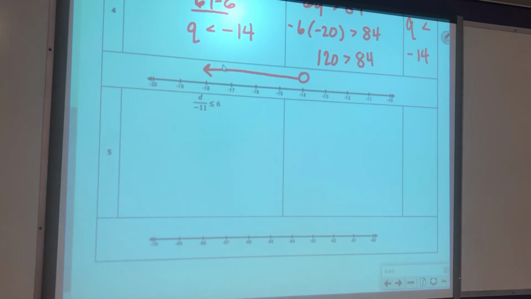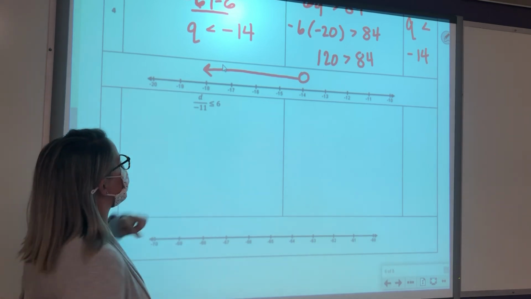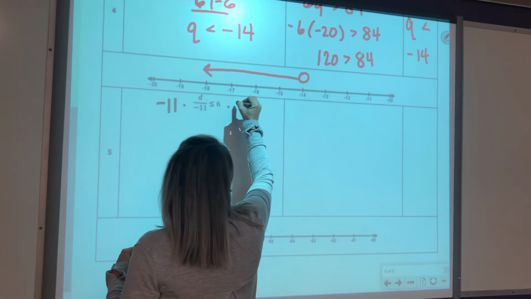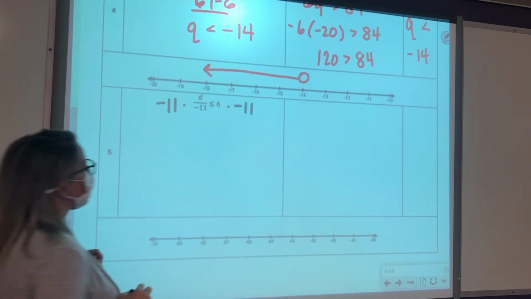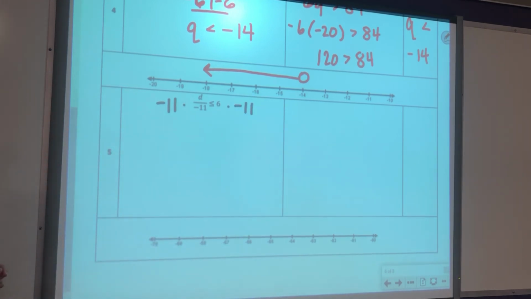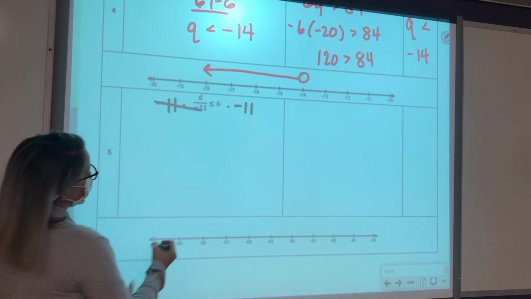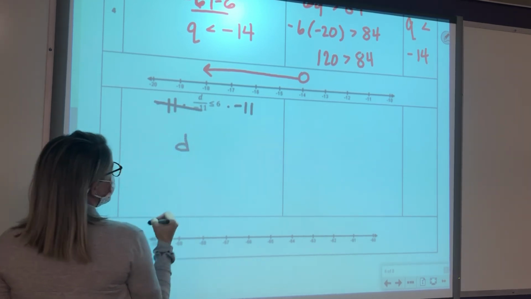Alright, so d is being divided by negative 11. Because d is being divided by negative 11, we're going to multiply both sides by negative 11. My 11s cancel because those are inverse operations, and I'm left with d.